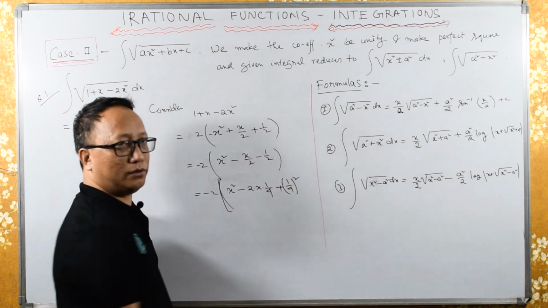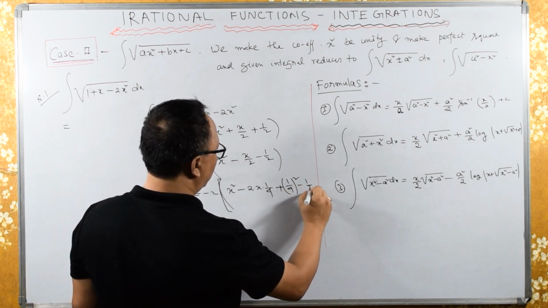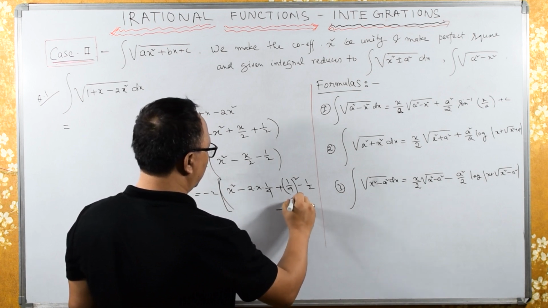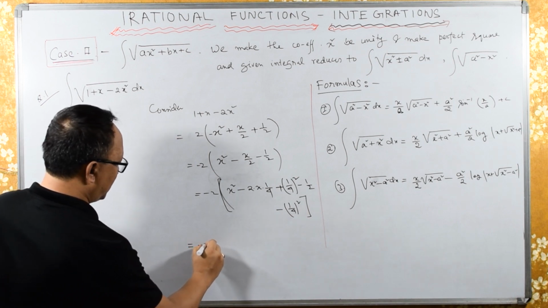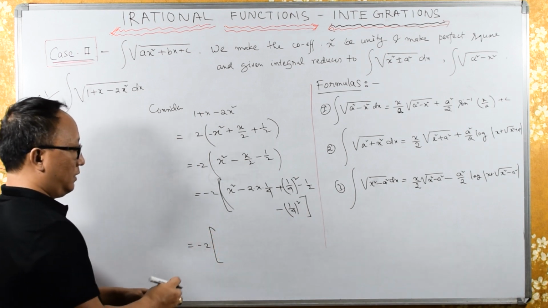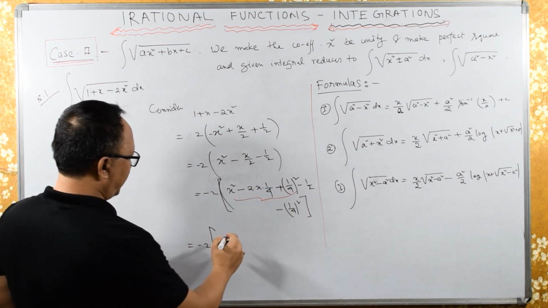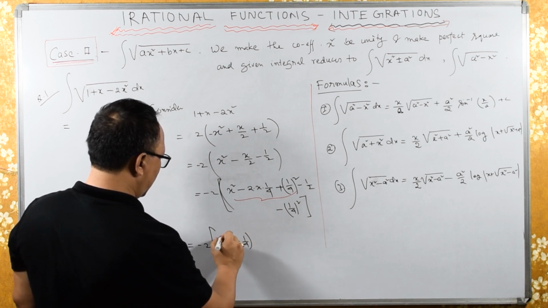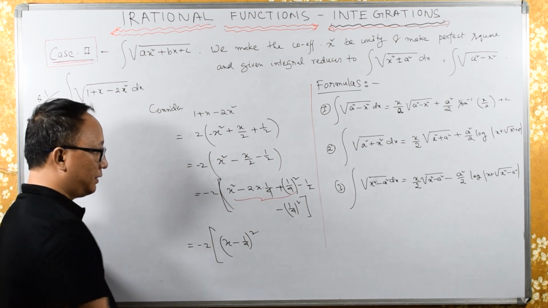This is extra, so I need to cut over here 1 by 2 minus 1 by 4 the whole square. This is same as minus 2. Now from here to here we have x minus 1 by 4 the whole square, a minus b the whole square.